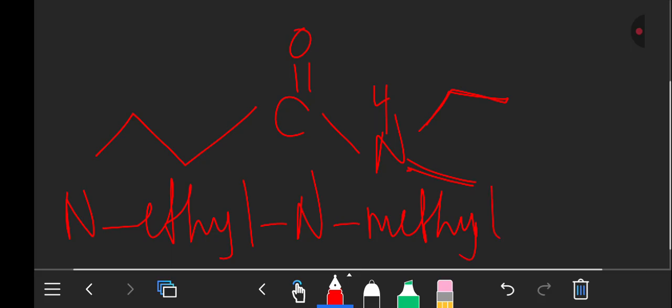So we count now the carbons. How many carbons will this parent chain have? So 1, 2, 3, 4. So there are 4. So it is butane, right? But because this is an amide, it will be butamide. Let me just write it properly.